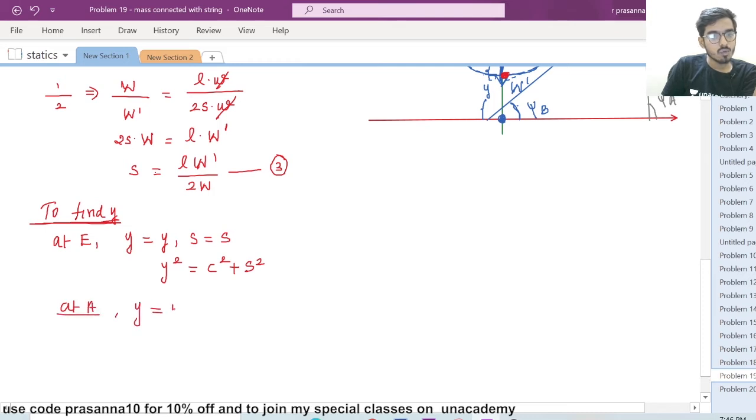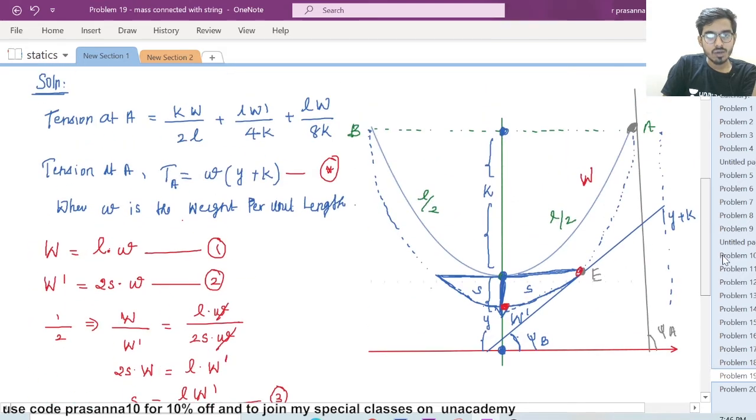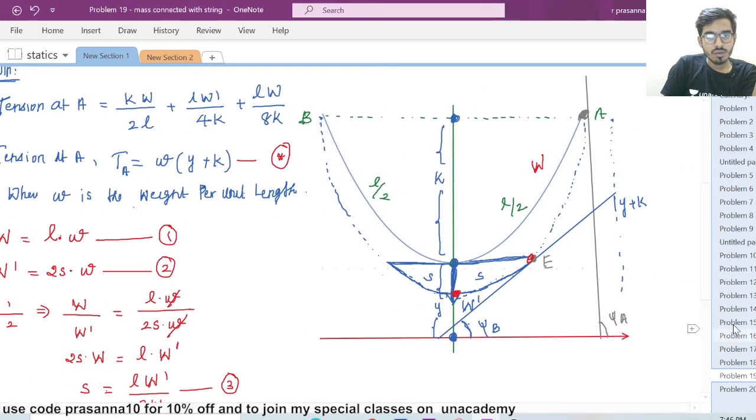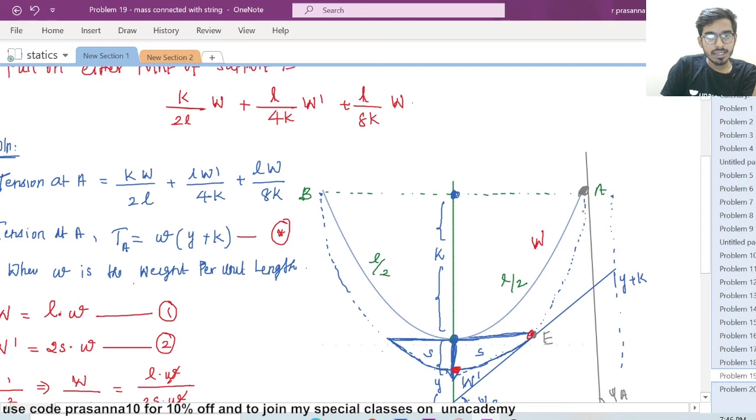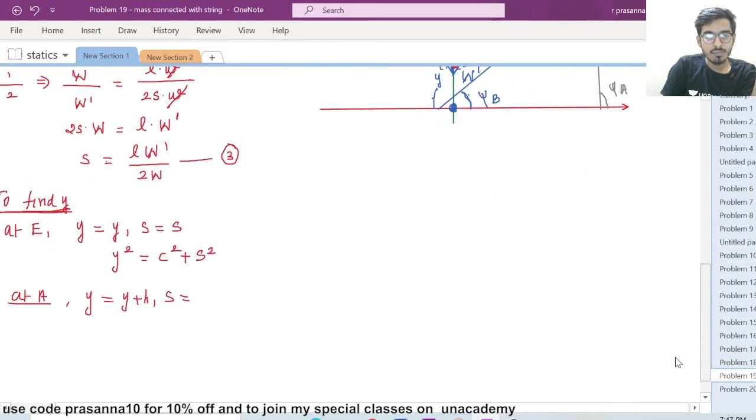Now at A, what is y? At A, my y is y plus k, and what is S? S is the distance from the lowest point to A. So from here to here it is S, and from here to here it is L by 2. So it will be S plus L by 2, right?